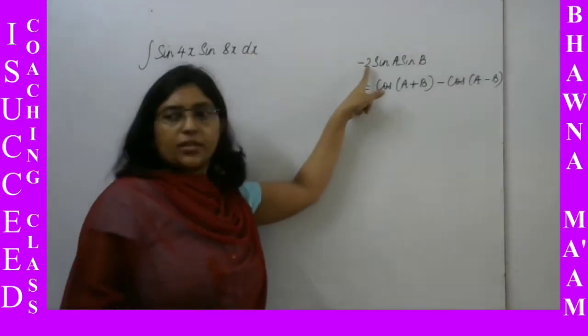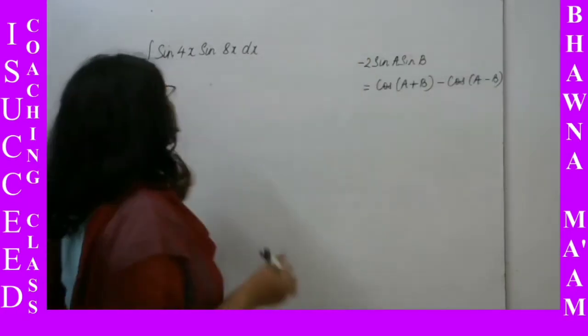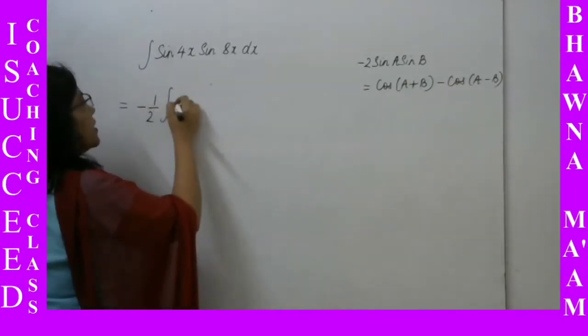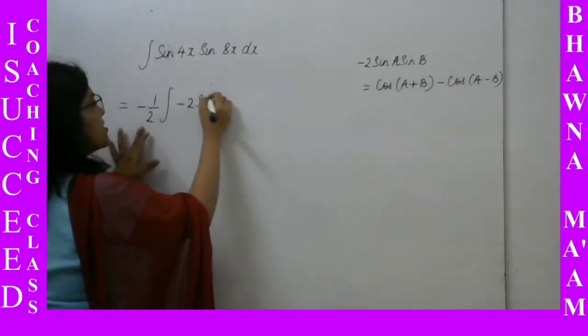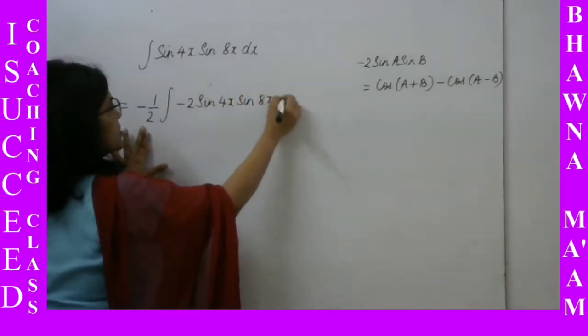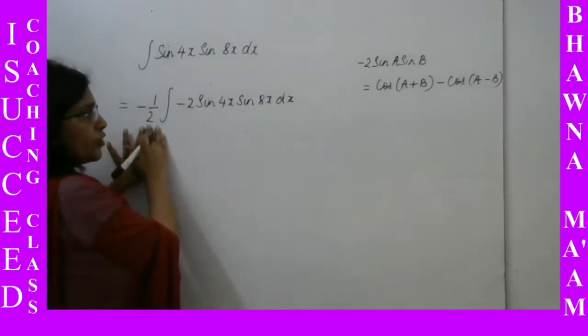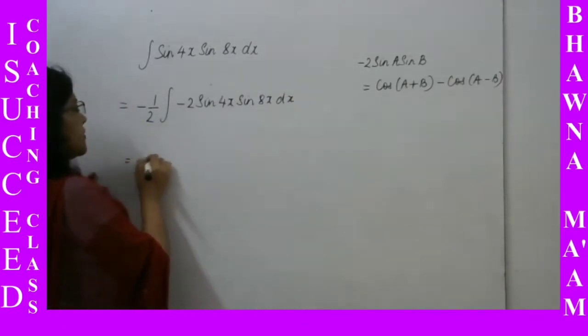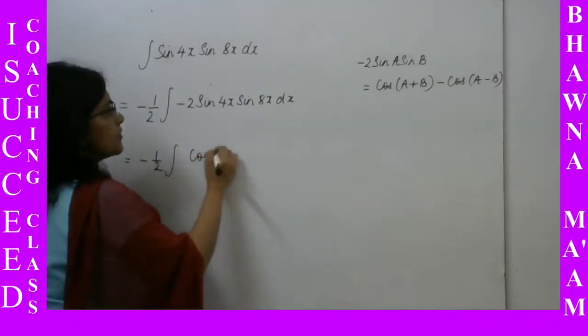In order to apply this formula, we need minus 2. So we will divide by minus 2 and multiply by minus 2. Since minus 2 is a constant, we can write it outside. This is not what we need for the formula, so we put it outside, and now we apply the formula to this.